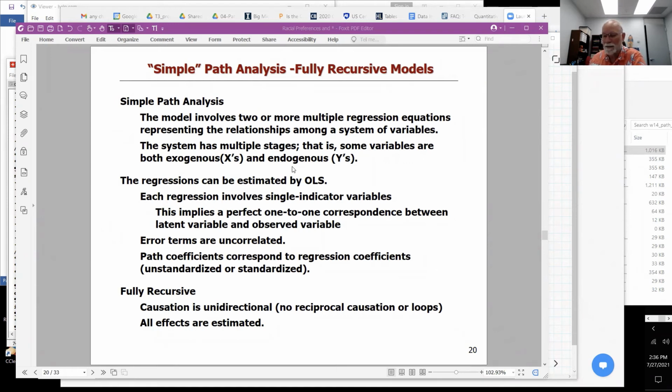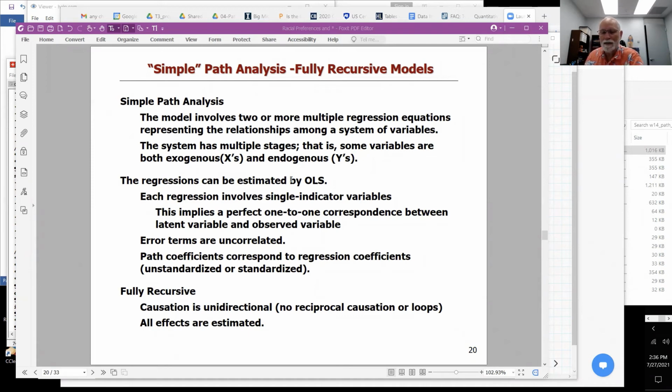And the models may be simple single indicator models where you've assumed that the measurement model is quite simple and that there's no error in the dependent variable. And you're also going to assume that the causal effects are fairly simple, that there's no feedback loops, no reciprocal causation, no correlated error terms.